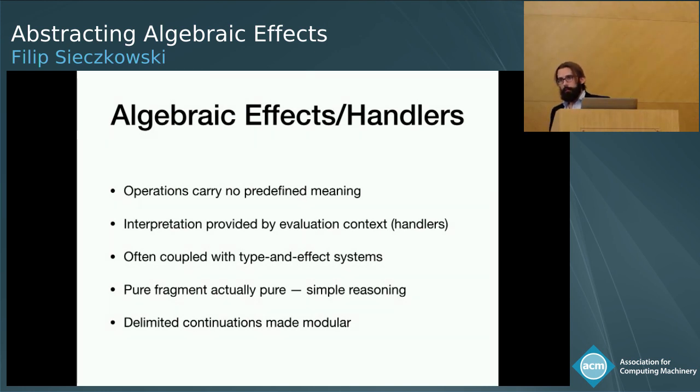And this is very, very important because the pure fragment, the fragment with an unannotated arrow, is actually pure, even if internally it performs some operations and handles them, because of the fact that it handles them, the entire computation outside can be viewed as pure.